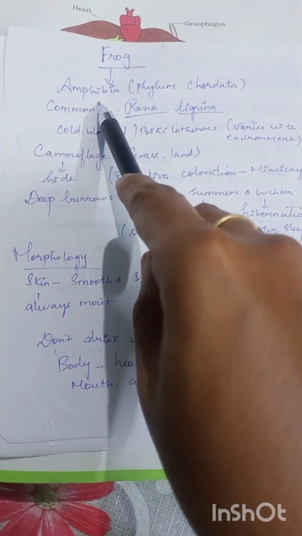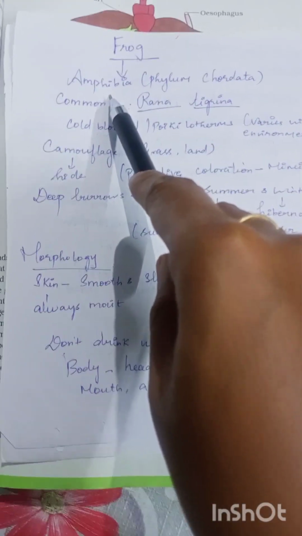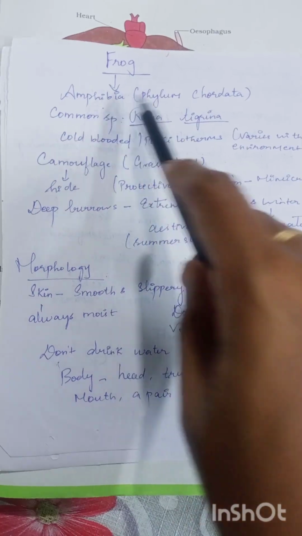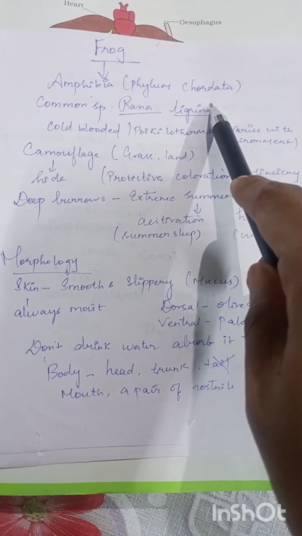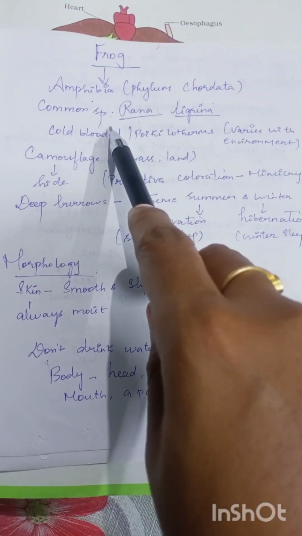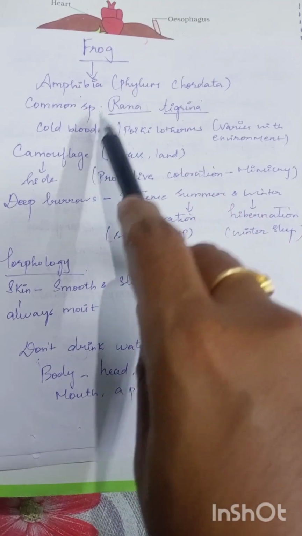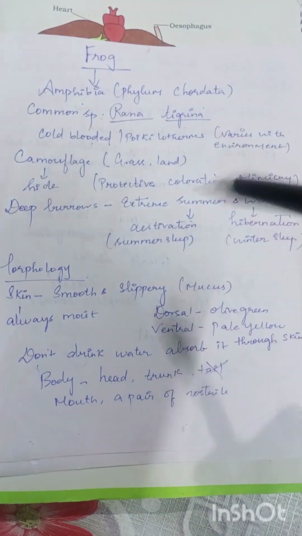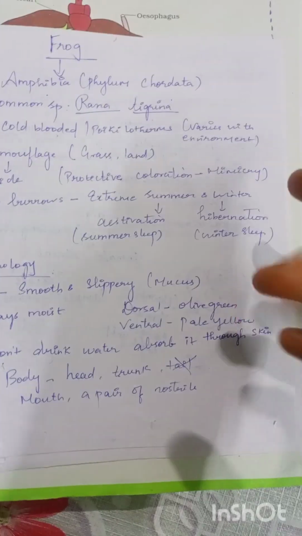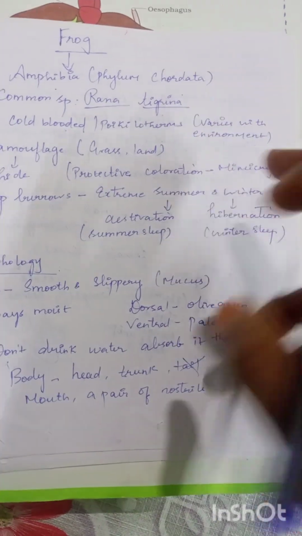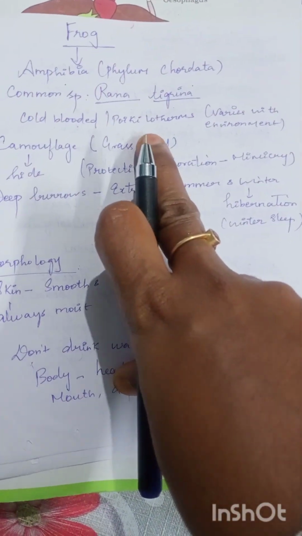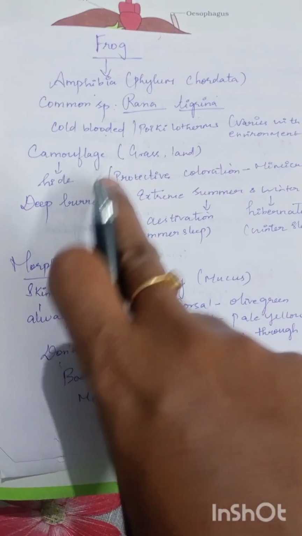Frog belongs to the class Amphibia, that is it can live both on land and in water, and it belongs to the phylum Chordata. The common species has a scientific name, that is Rana tigrina. Frogs are usually cold-blooded, that is its body temperature will vary according to the environment, and scientifically it is denoted by the term poikilotherms.